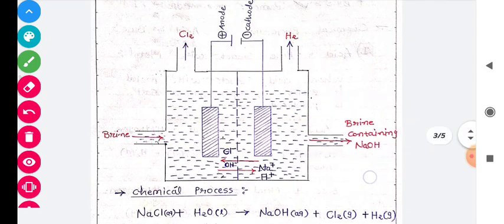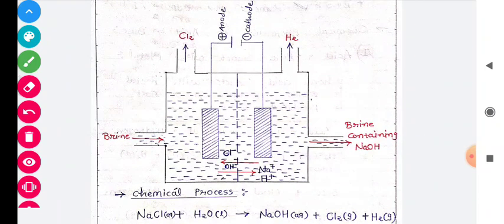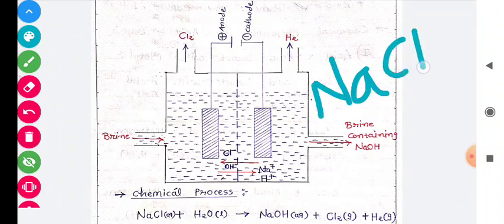The ionic formation leads to the production of sodium hydroxide because, as we know, the salt solution contains NaCl ions, in which Na is a positive ion and Cl is a negative ion. After adding it into the solution and passing the electricity, the ions dissociate. Na will form the positive ion, Cl will form the negative ion.